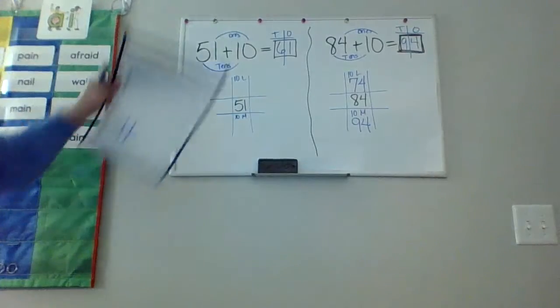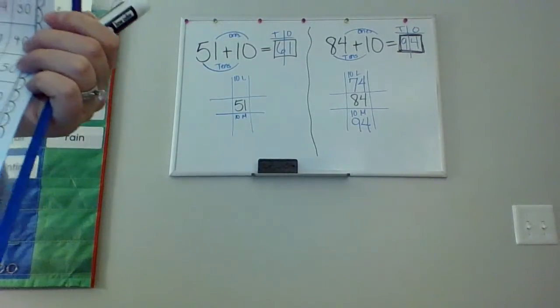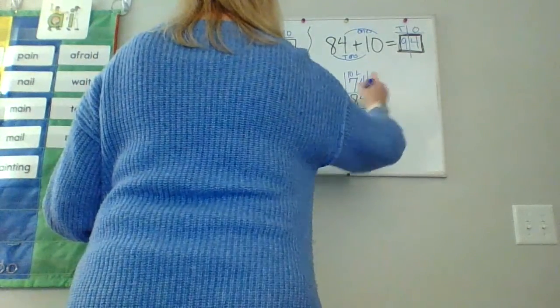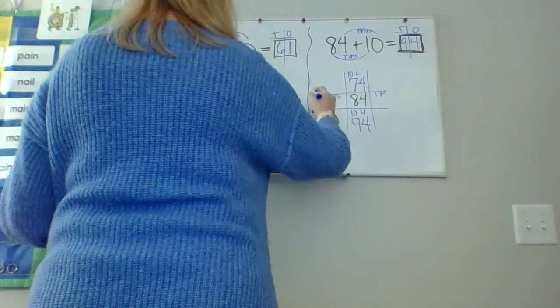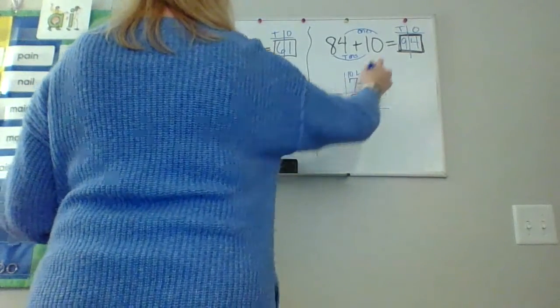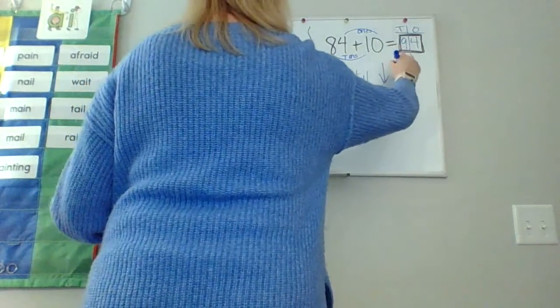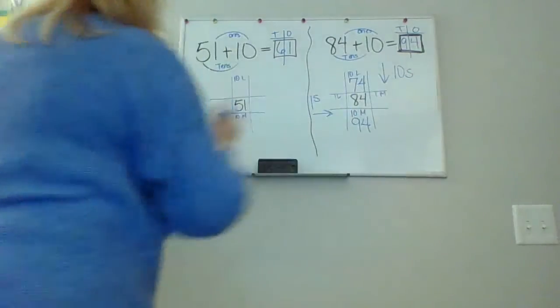If I was counting by tens, that's 10 less, 10 more. Going this way, I'll introduce it to you real quick, is only one more and one less. So if you're counting, this is counting by ones going this way, and this is counting by tens. Okay? Counting by ones, counting by tens.